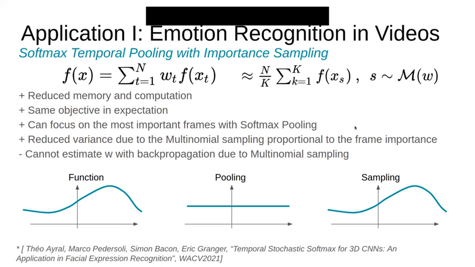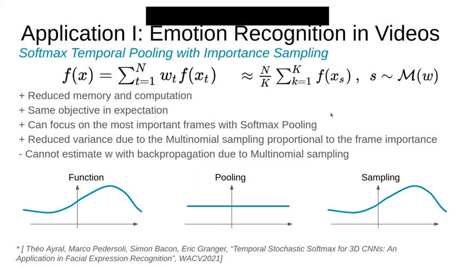So with this approach, we have the advantages of, again, Monte Carlo sampling, because at each iteration of the training we sample only a small part of the video. But we also have the advantage of softmax pooling, and we reduce the variance of the estimation, because instead of sampling uniformly, we sample with a multinomial distribution proportional to the weights.